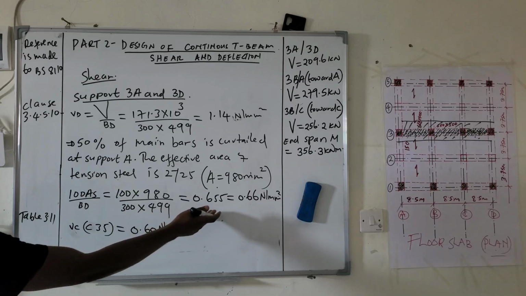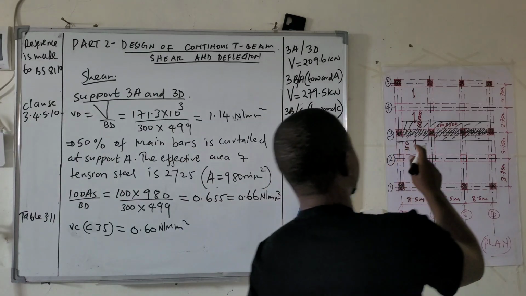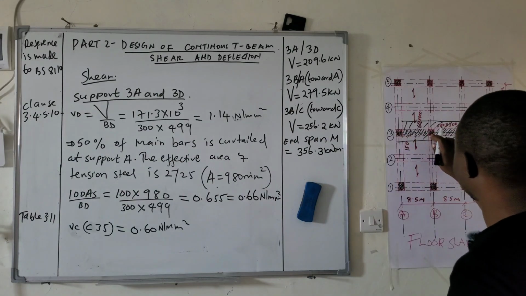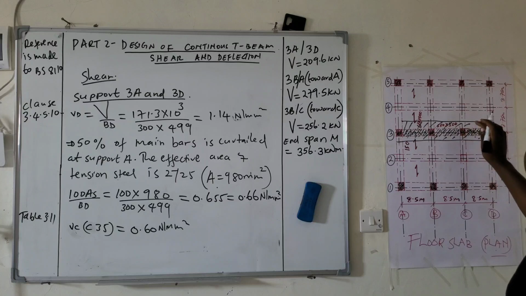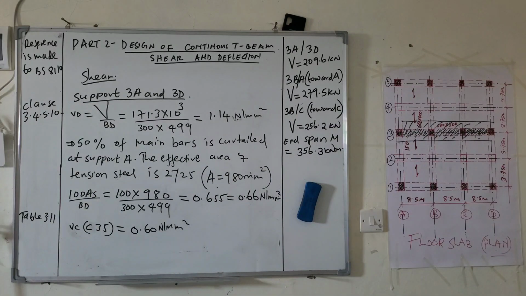Remember, we have already done the similar thing in this span 3AB, 3BC, and 3CD. So no need to repeat ourselves.